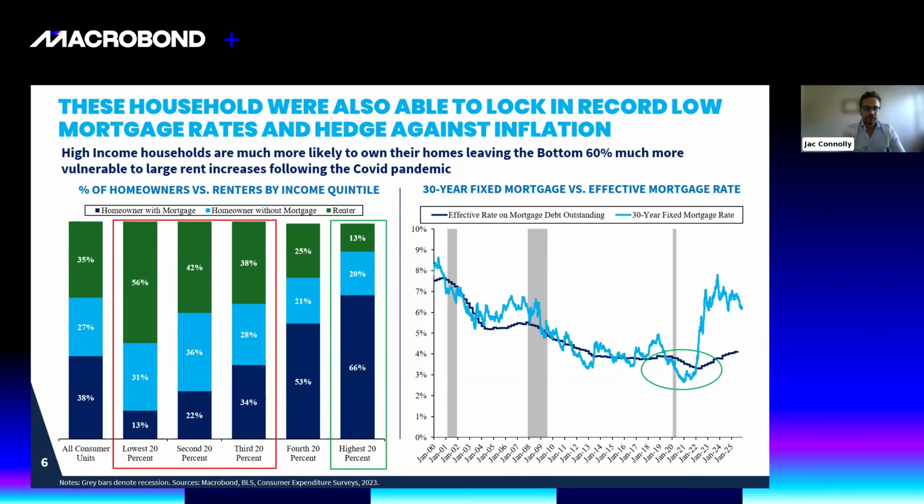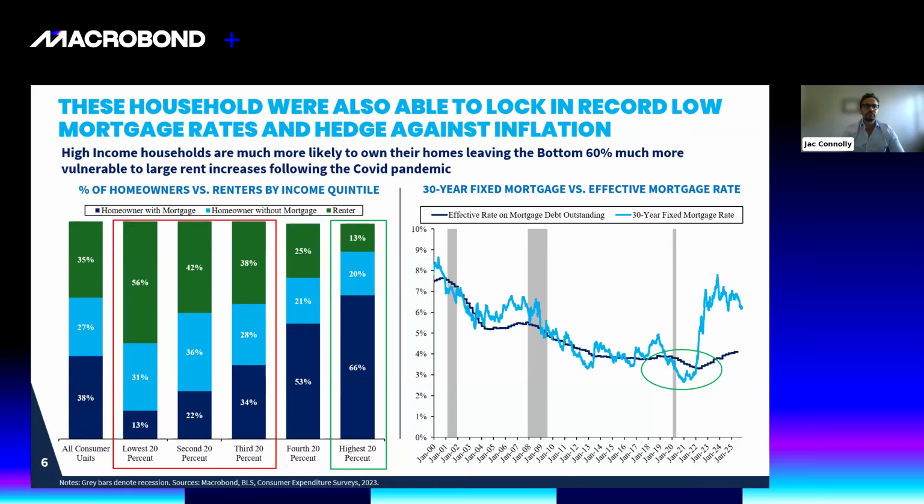And so not only do we have record stock and home prices, right? But we also know that many high-income households own their homes and were able to obtain or refinance their mortgage at record low rates exiting the COVID pandemic, right? And this turned out to be an incredible hedge against inflation and the subsequent, historic rise in mortgage rates, right? And so on the left-hand side, we can see that those in the bottom 60%, right, are much more likely to rent, right?